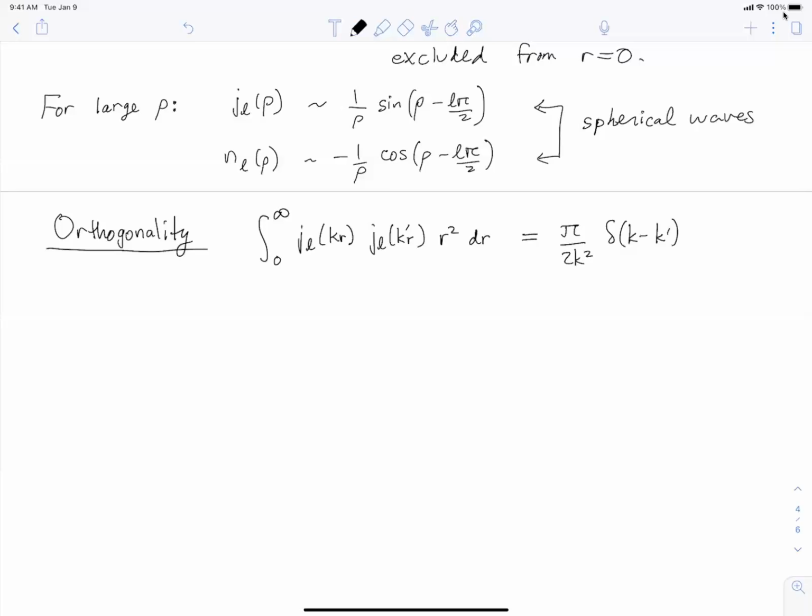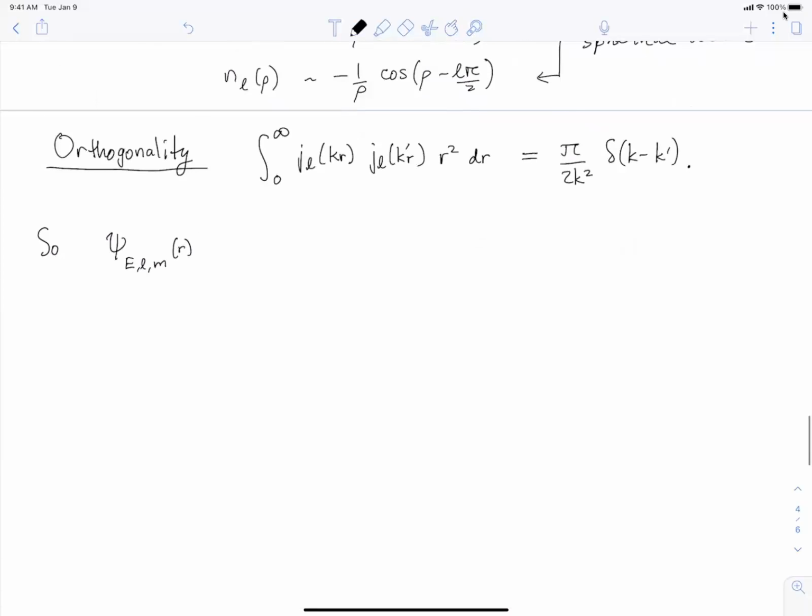Okay, so now we're going to try to put everything together here as far as our wave functions. So remember, we started off on a quest to find the wave functions for E, L, and M as a function of three-dimensional coordinates.